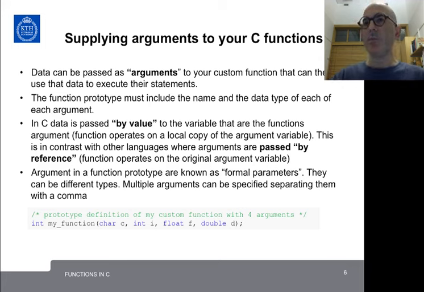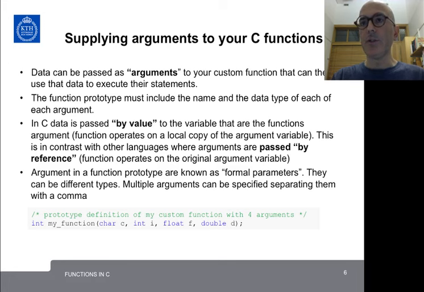A very important point is that in C, data is passed by value. This means that functions operate on a local copy of the argument variable. If your C function changes the value of the argument variable, it changes the value of its own copy only.